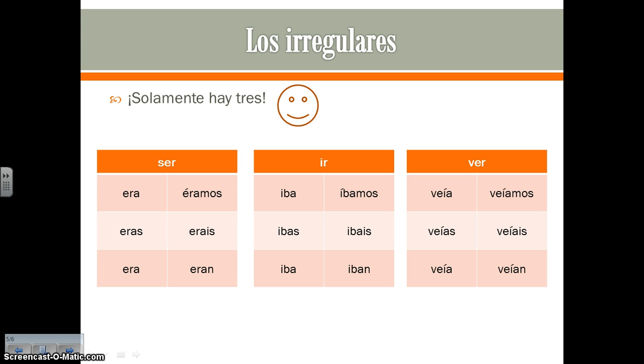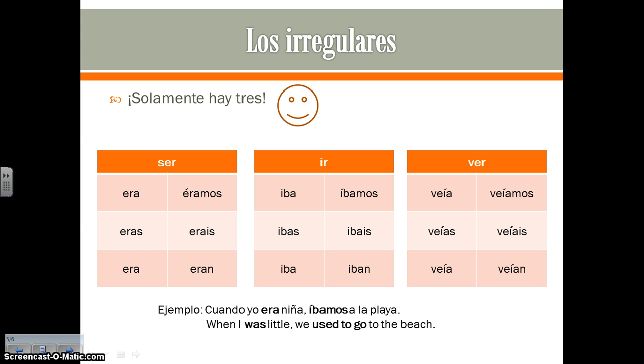So those are the three irregulars. Oh yes, and here are some examples. Cuando yo era niña, when I was little, íbamos a la playa. We used to go to the beach. So to express when I was little, we used to go to the beach, we would use the imperfect tense. You might want to write that example in your notes somewhere.